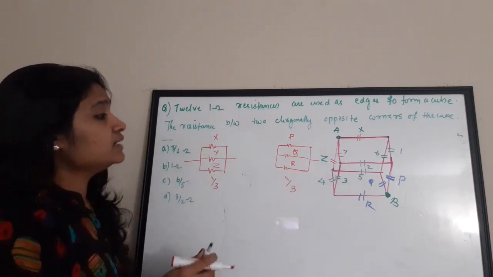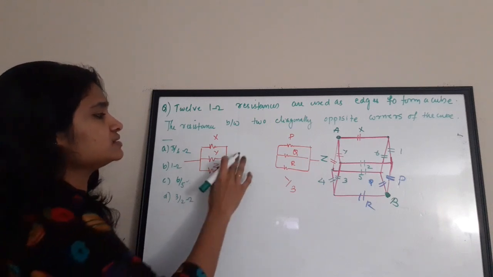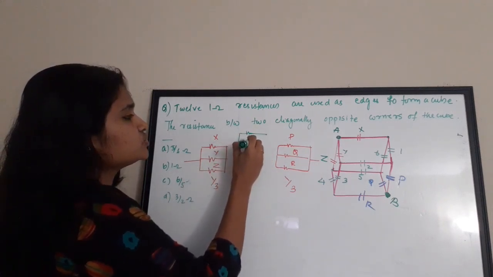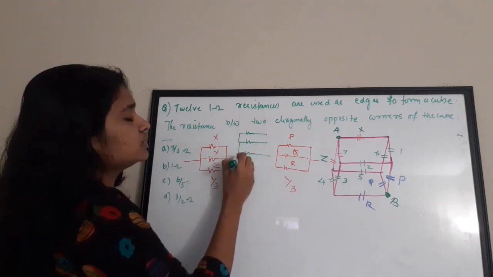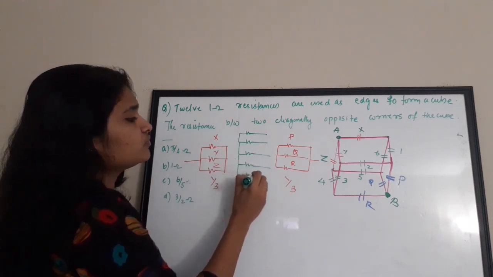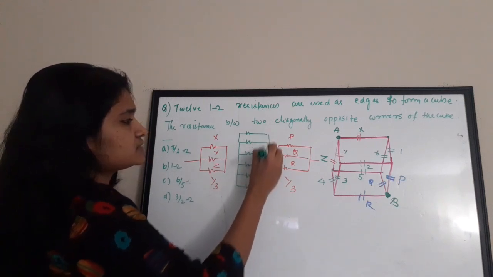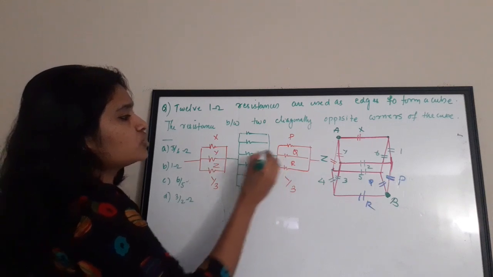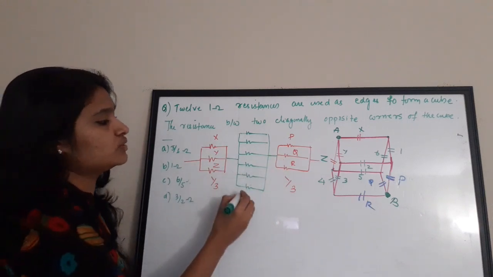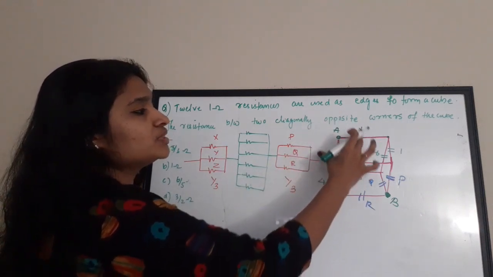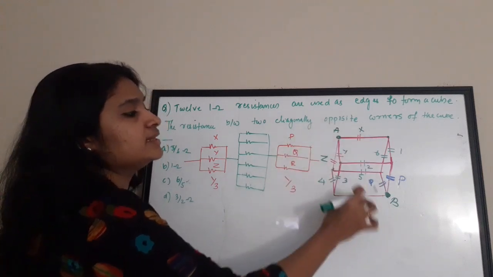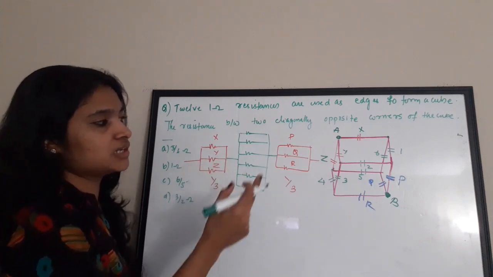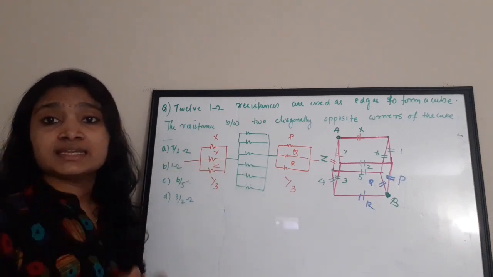Now in the middle there are 6 resistors, again connected in parallel: 1, 2, 3, 4, 5 and 6. If you join these, it forms a series connection. So join the points with the X, Y, Z equivalent, then the P, Q, R equivalent, then the equivalent of resistors 1 up to 6, and it forms a series connection.